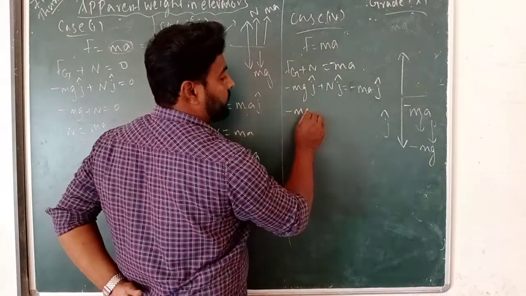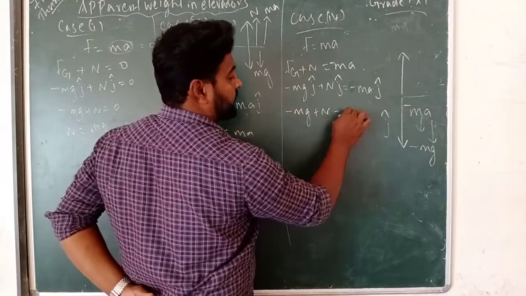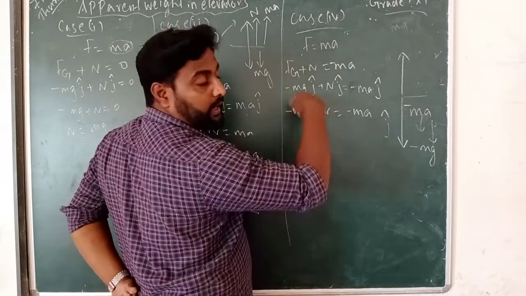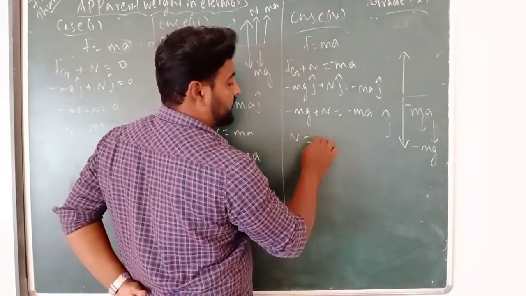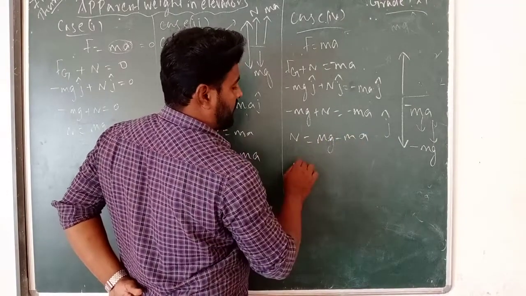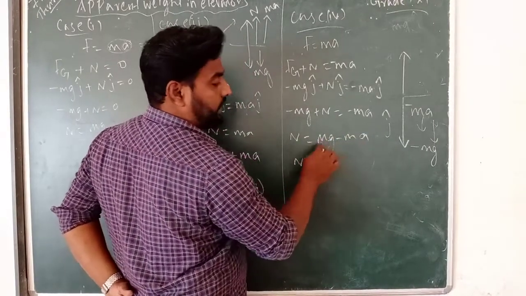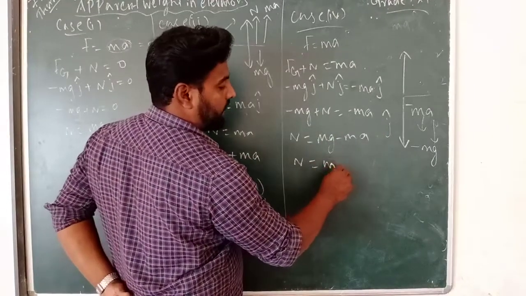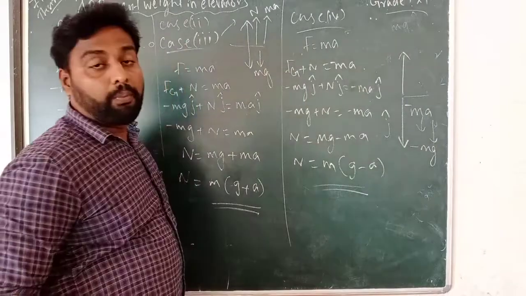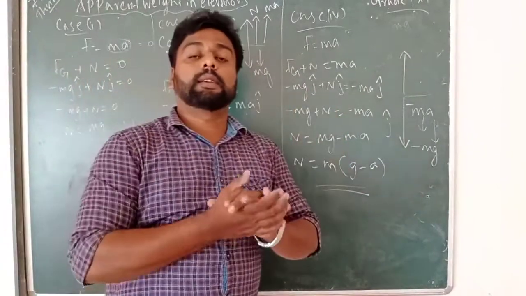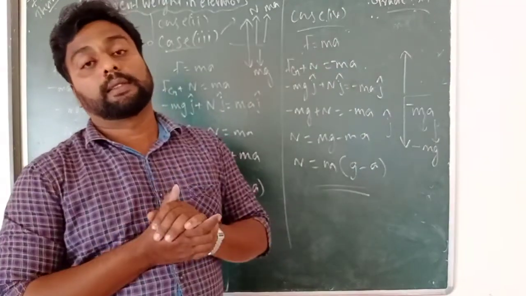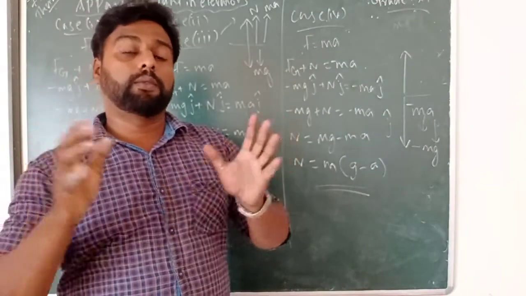So minus mg plus N is equal to minus ma. Now take this minus mg to this side, so N is equal to mg minus ma. Taking m outside commonly, N is equal to m into (g minus a). Now the apparent weight is lesser than his actual weight. These are the four cases.